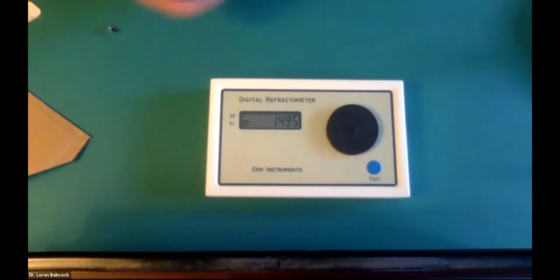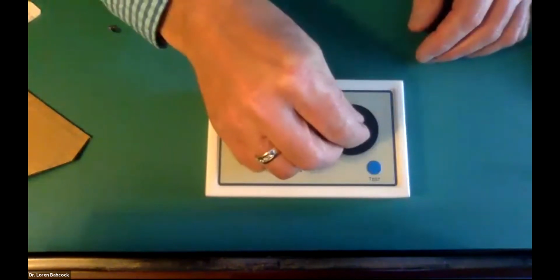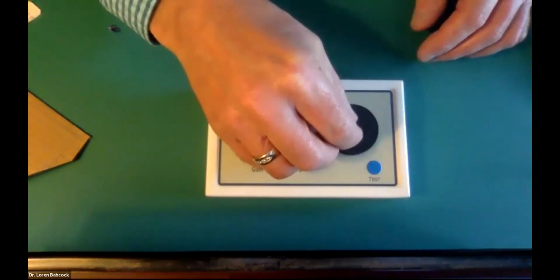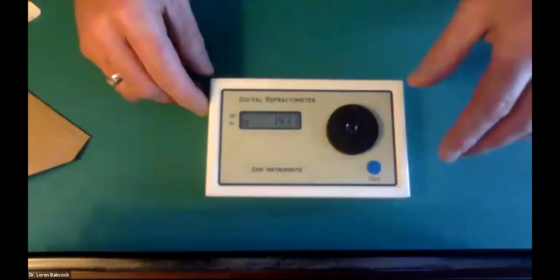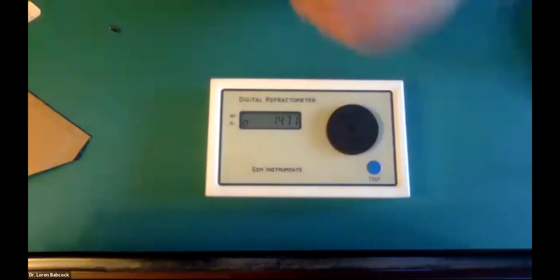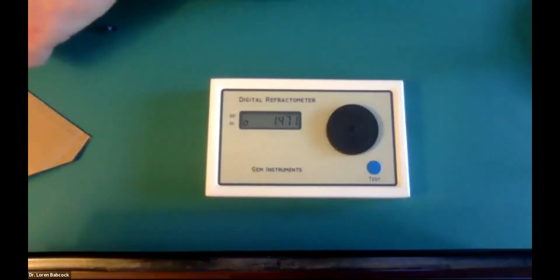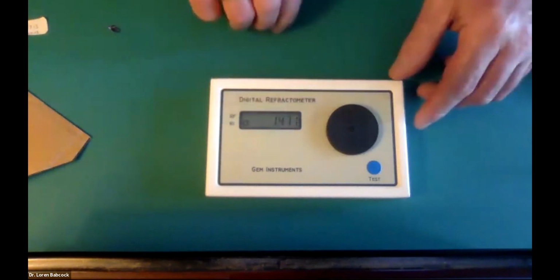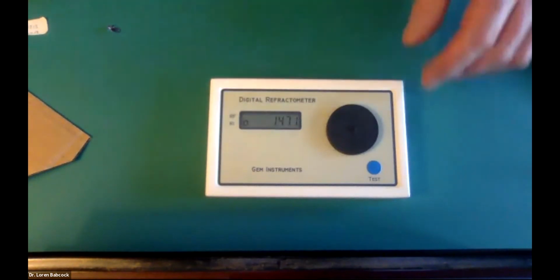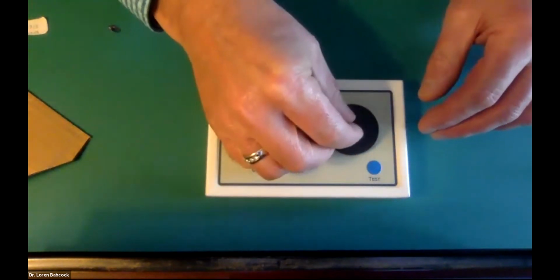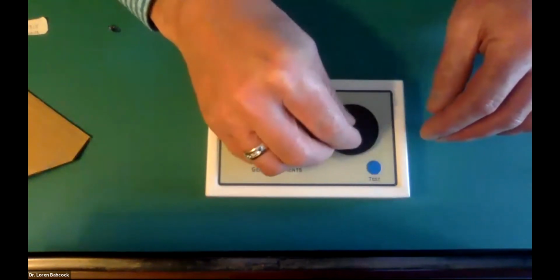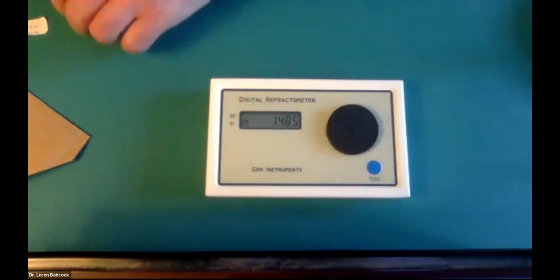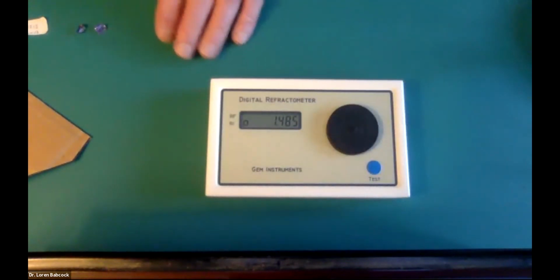Okay, let's give it another try. It should be hitting a number of 1.54, which is what I was getting before. Yeah, it's 1.48. Okay, I'm going to probably need to recalibrate.